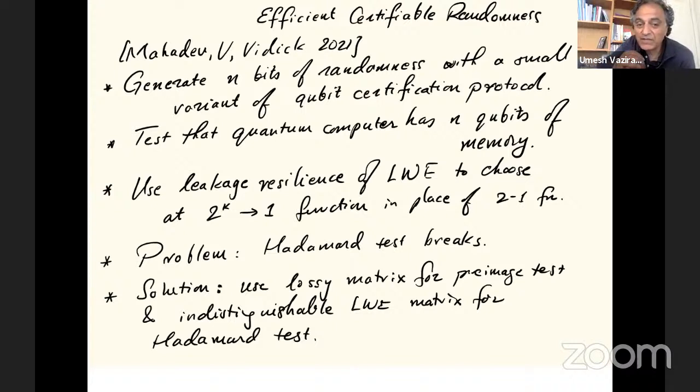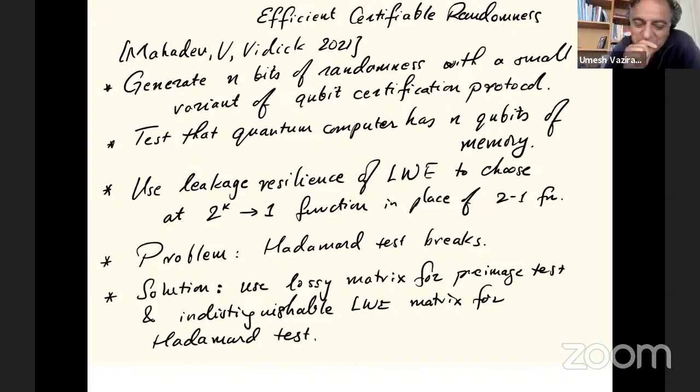So what we'd like to do is make this entire process more efficient. Here's a way to generate n bits of randomness by tweaking this qubit certification protocol slightly. Our intuition is that the original protocol should actually generate n bits of randomness, but we really don't know any way of proving that.